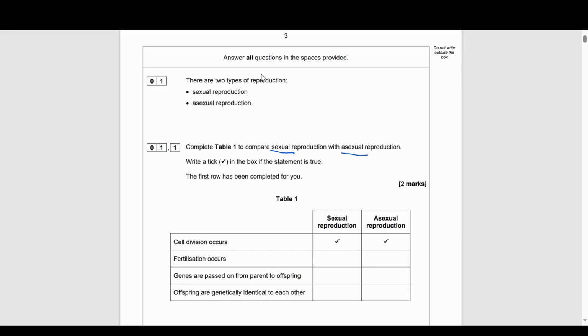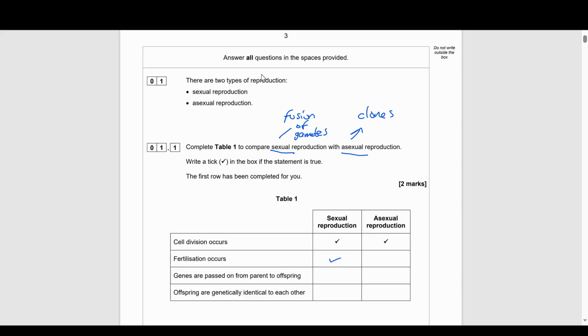However, sexual reproduction is actually fusion of gametes, whereas asexual reproduction is where you are making clones, so they are genetically identical. If you've got gametes, which are your sex cells, they need to fuse, which is called fertilization. So sexual reproduction involves fertilization. It does not occur in asexual reproduction.